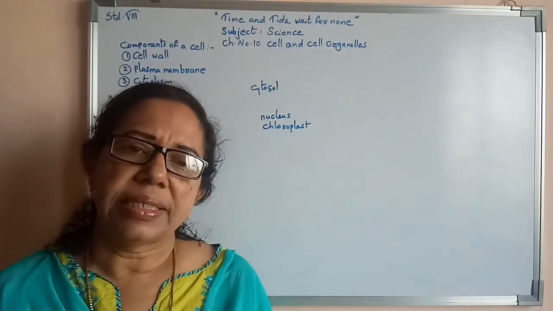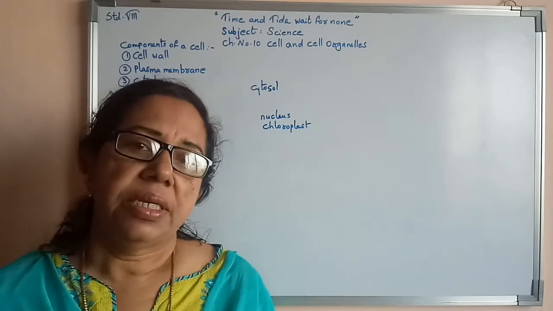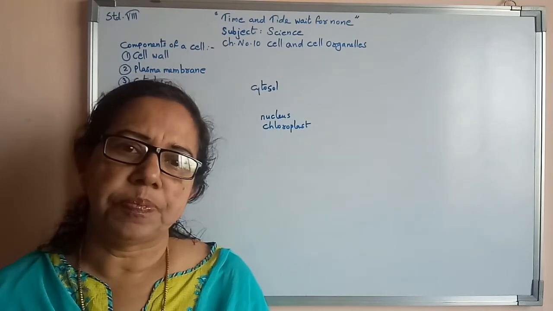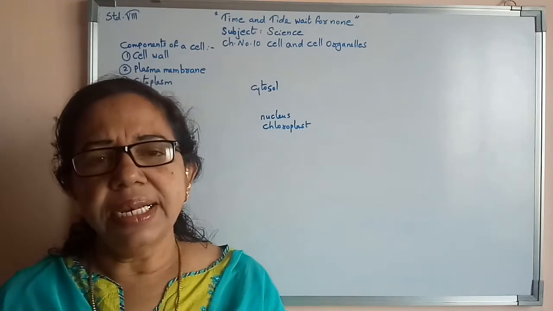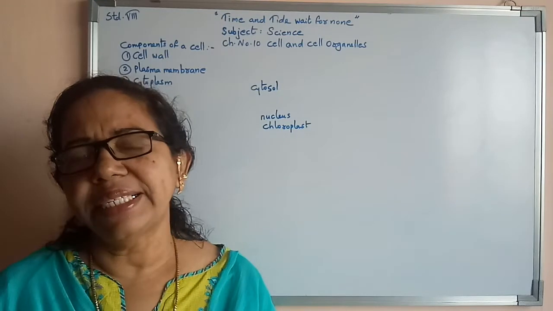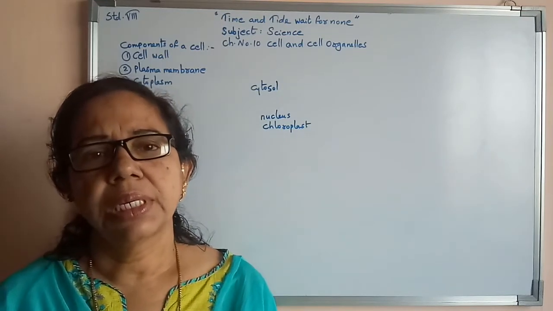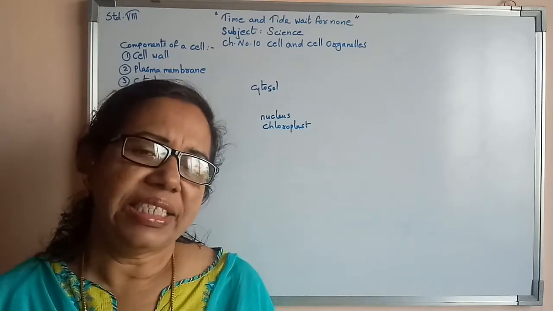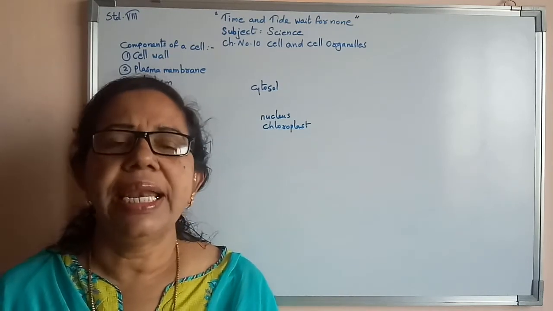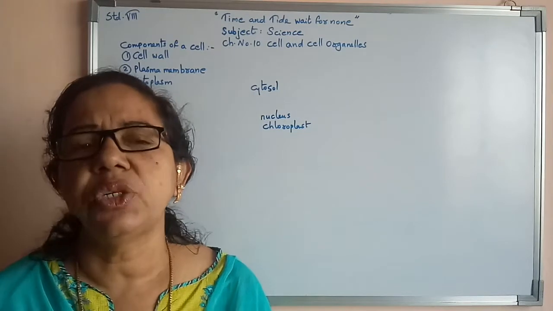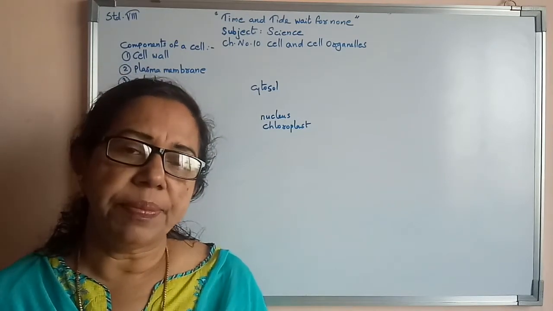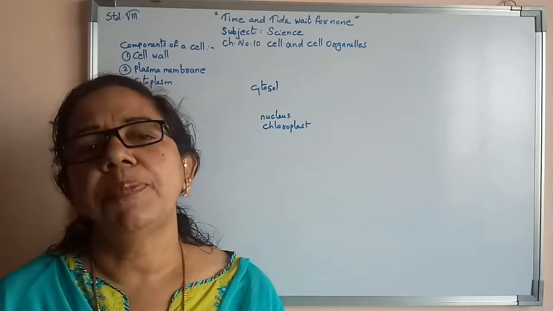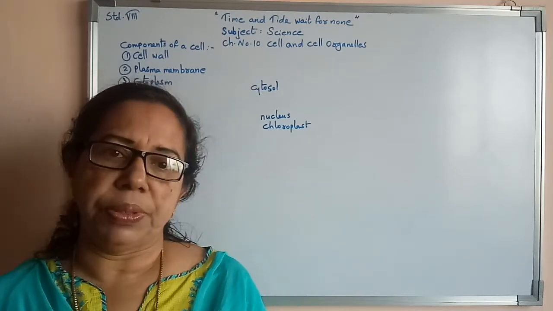Inside the cell, a number of organelles are present. For seeing nucleus as well as chloroplast, electron microscope is not necessary. At the same time, remaining organelles can be seen only with the help of electron microscope.